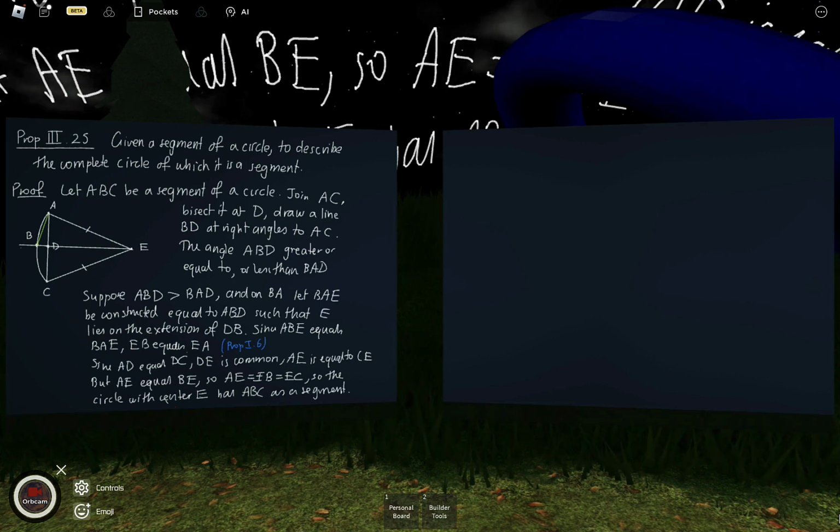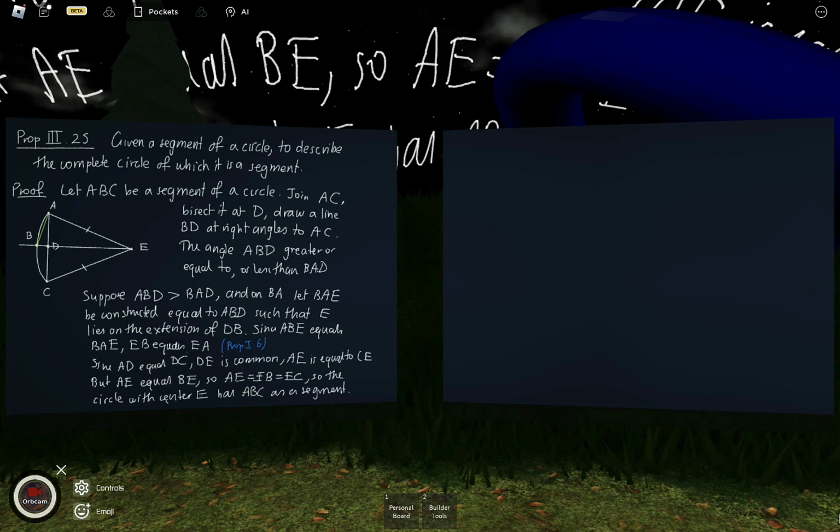If a point be taken within a circle and more than 2 equal straight lines fall from the point on the circle, the point taken is the center of the circle. Okay, yeah, that makes sense. So the segment by definition is part of a circle. If the center were not E, then we would reach a contradiction because we've got this point E and it's got 3 equal lines falling on this segment, therefore on the other circle, therefore E must be the center. Yeah. Okay, so that's quite satisfying.